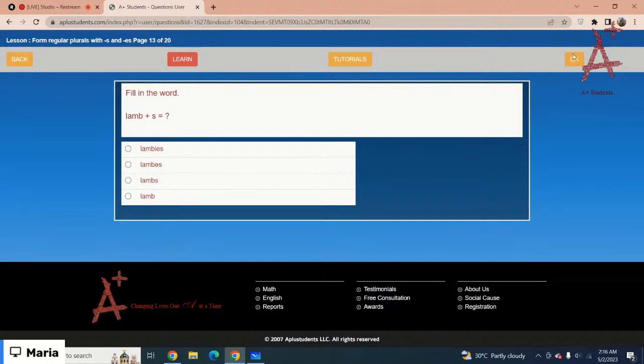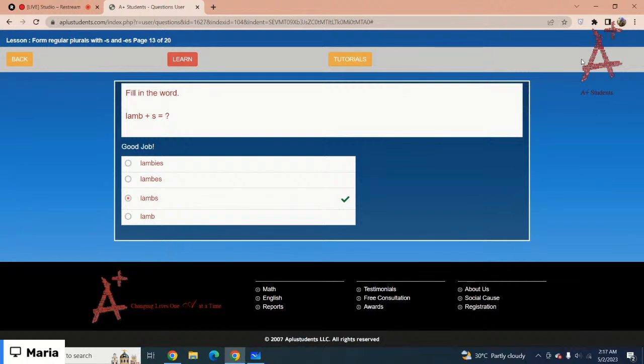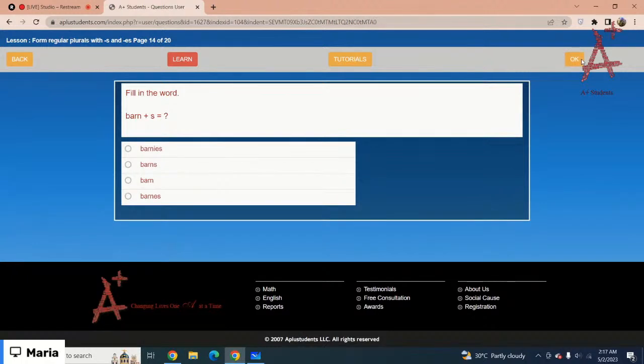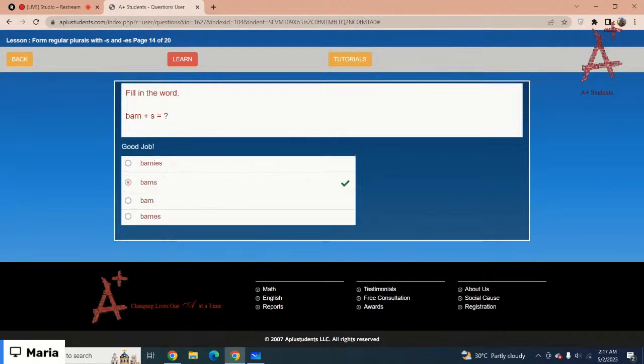Lamb plus S. Lambs, option number 3 is the correct option. Barn, so it would be barns, option number 2 is the correct option.